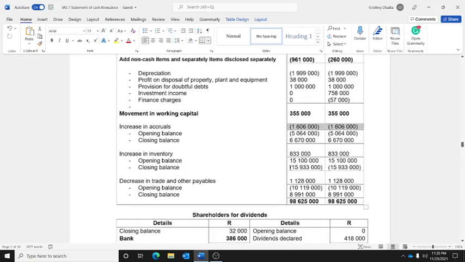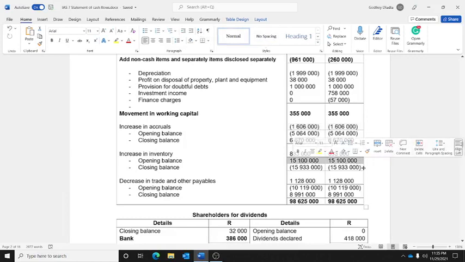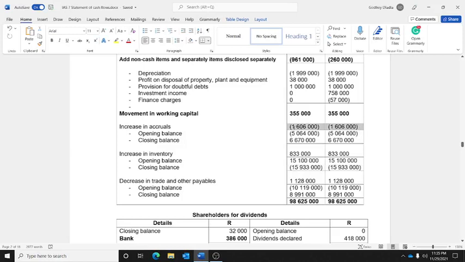Okay, then you've got your inventory. Again, under inventory you've got your opening and closing. Right, opening, and just for simplicity's sake, this amount represents the 5 million will go to the credit side, the 6 million will go to the debit side, and then that will represent an inflow in terms of your books, the 1.6, right?